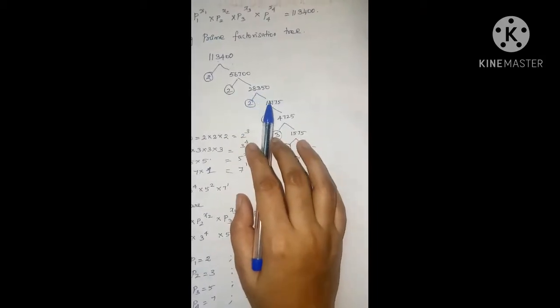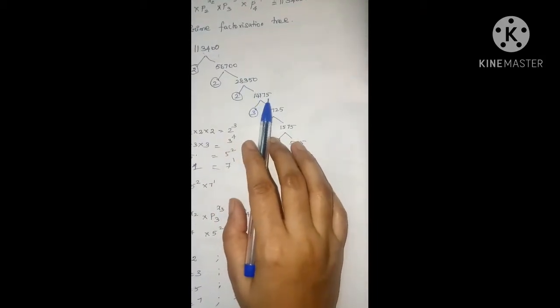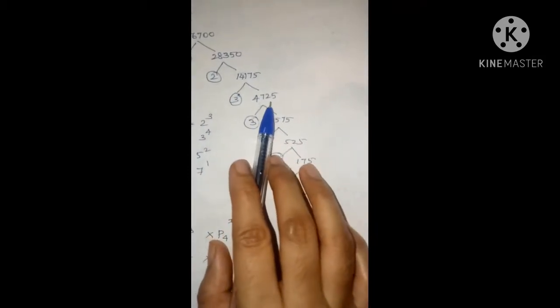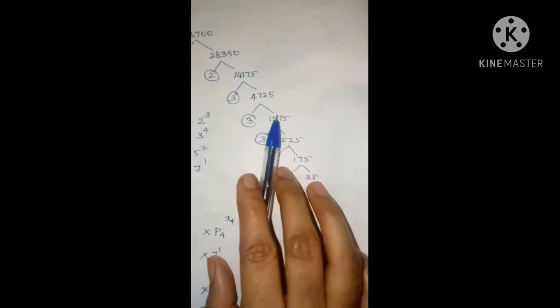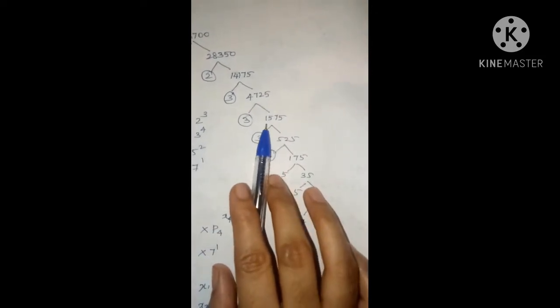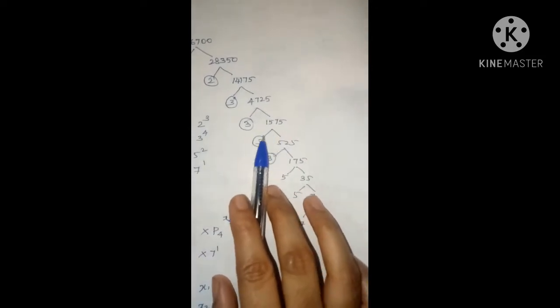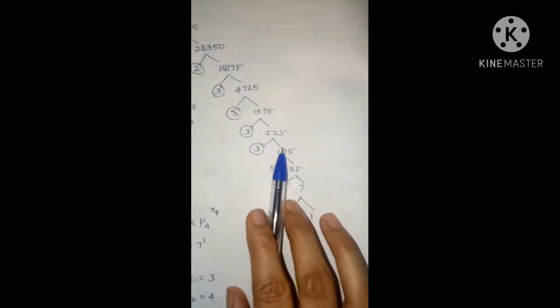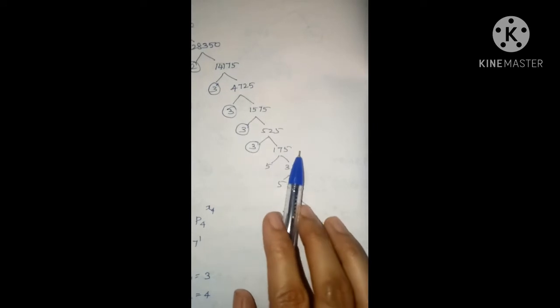We can simplify this as 2 into 14,175. It can be simplified as 3 into 4,725. Again it can be simplified as 3 into 1,575. Again we can simplify this as 3 into 525. Again we can simplify this as 3 into 175.